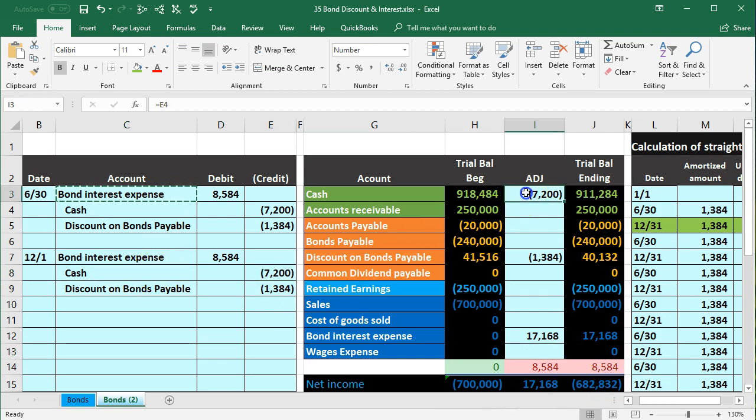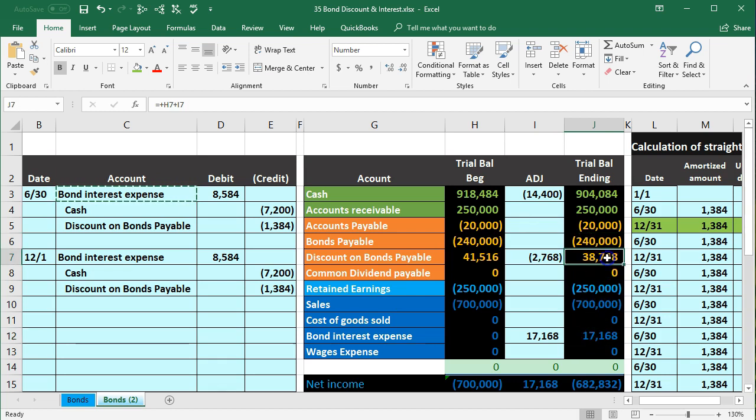Cash, it's going to go here, double click, something's in it, go to the end of it, plus 7,002, bringing the cash down, and then the bond discount here, double click, go to the end of it, plus, and we're going to pick up that 1,384 and enter.